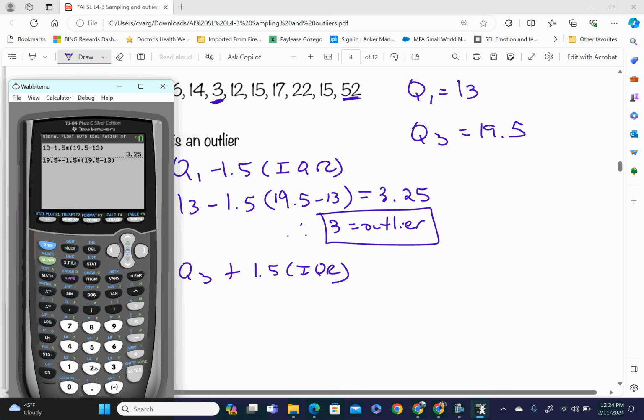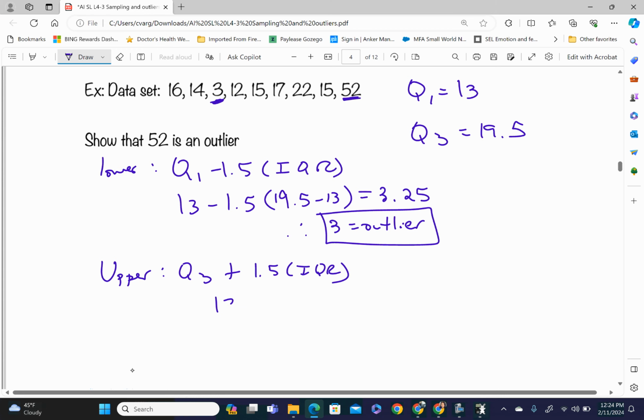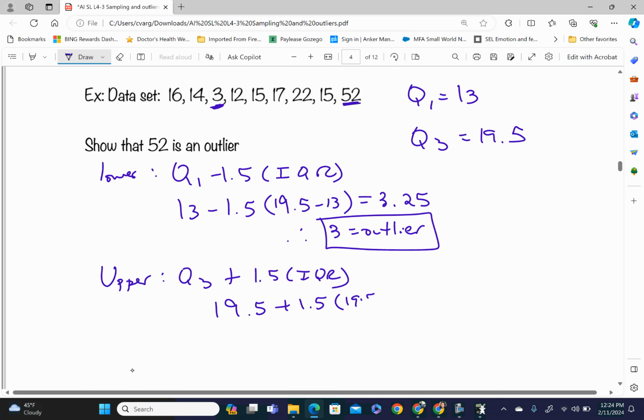Okay, go to, yes, let's take this out. All right, good. So I have 29.25. So this number right here is 19.5, look at me showing work, plus 1.5 times 19.5 minus 13. And this number is what we get again. We got 29.25. So therefore, 52 is also an outlier because 52 is greater than 29.25.